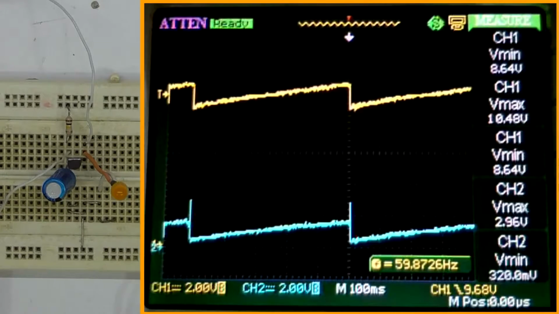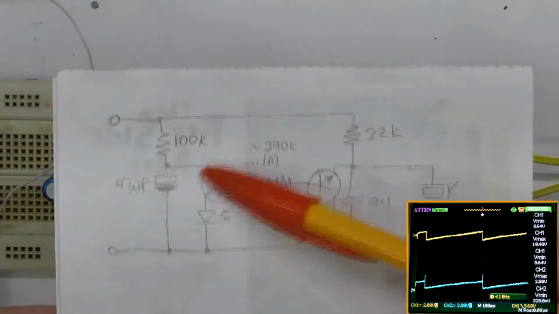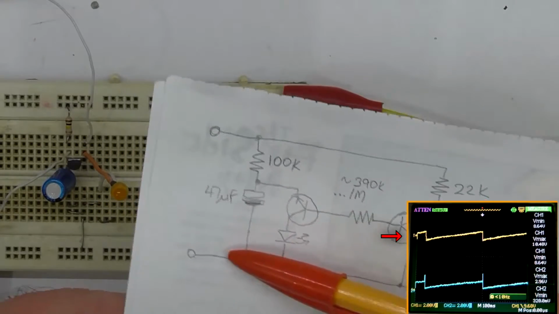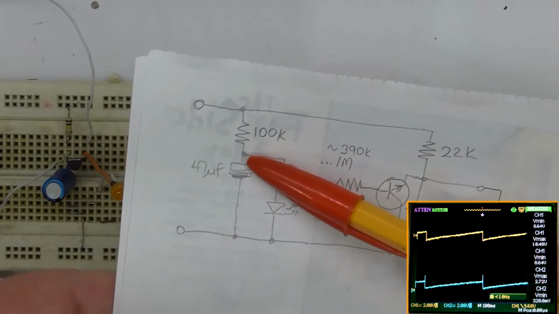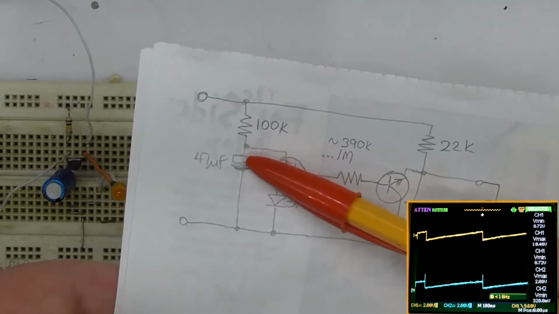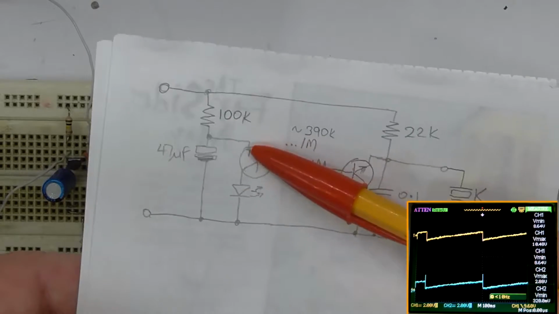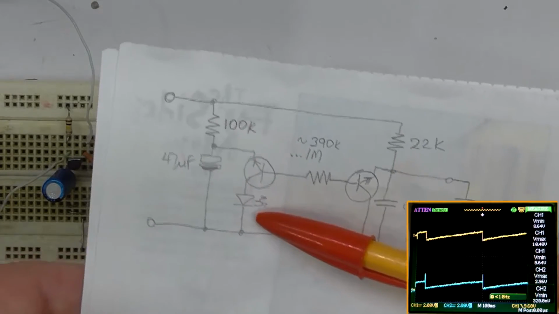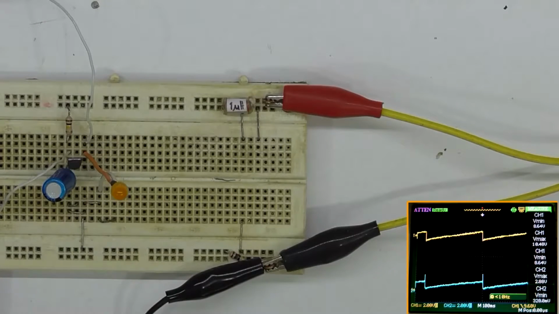Looking at our circuit again, what it's saying is that the voltage ramps up from the minimum of 8.64 volts to a maximum of 10.48 volts, at which point it switches on the LED, and then switches off very quickly.